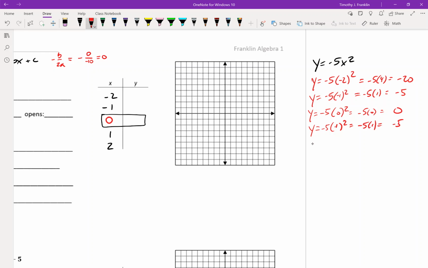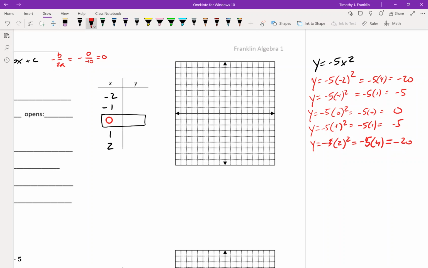So that's good. And then lastly, we'll put in 2. 2 squared is 4, and -5 times 4 is -20. So we do have a nice symmetrical picture here.